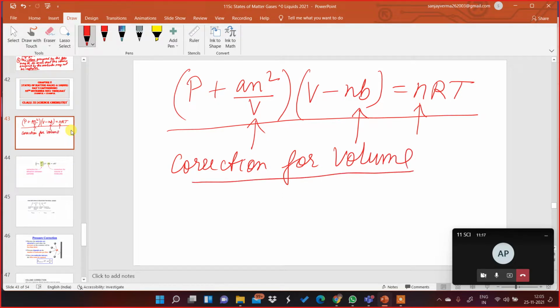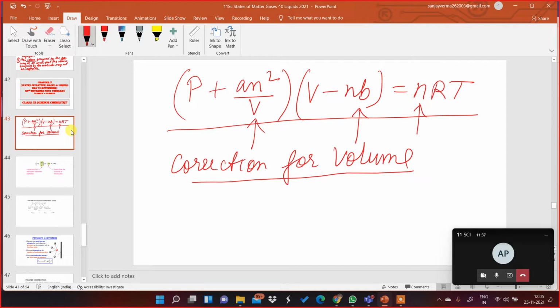Now this correction for volume, you remember, at high pressure, the molecules are very close to each other and the repulsive forces become significant at this stage. The repulsive forces cause the molecules to behave as small but impenetrable spheres.